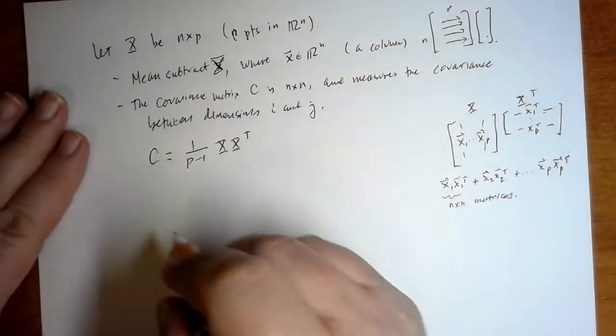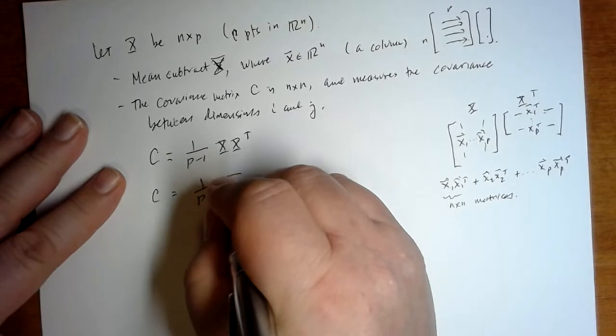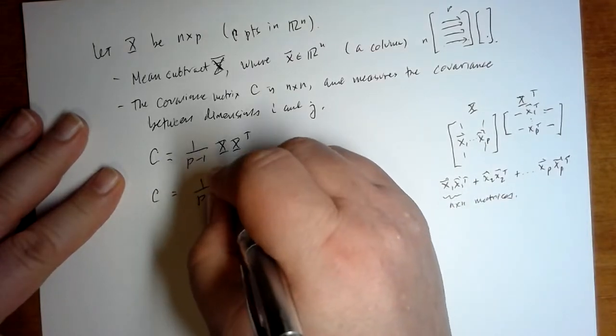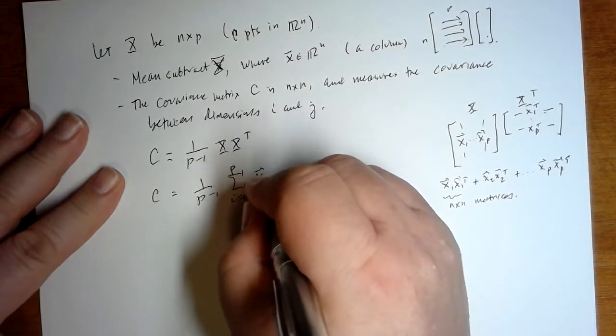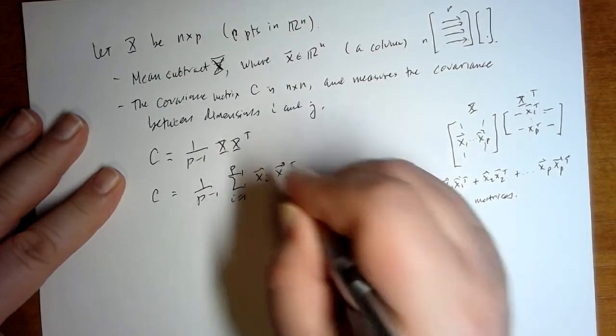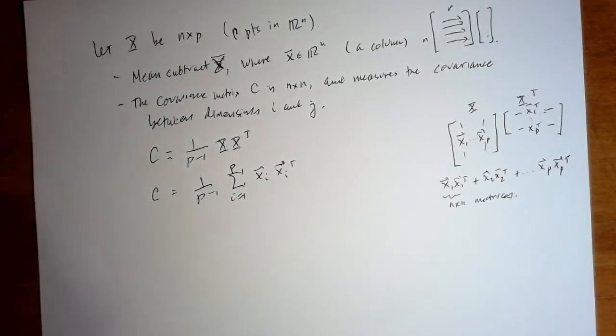And so you could write C as 1 over p minus 1 times the sum i equals 1 to p of xi xi transpose. So these are two equivalent ways of writing the covariance. Good.